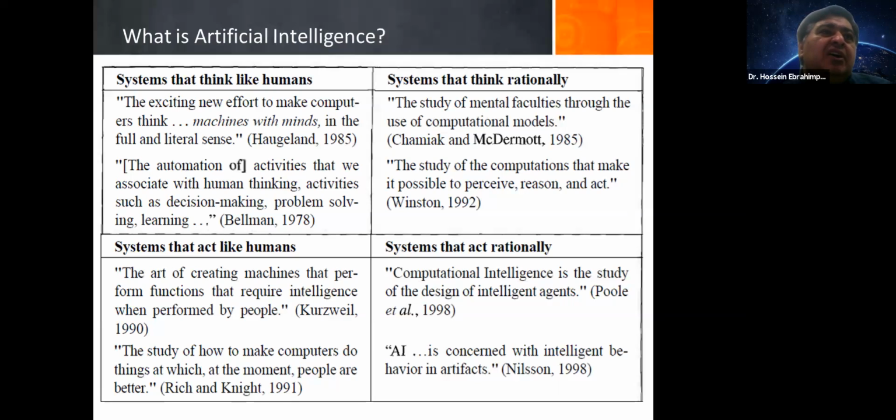This slide is based on a famous book that Professor Stuart Russell wrote. It tells us that there is not one definition, but actually more than one. You can see here four different definitions of artificial intelligence, and most of them are very old.